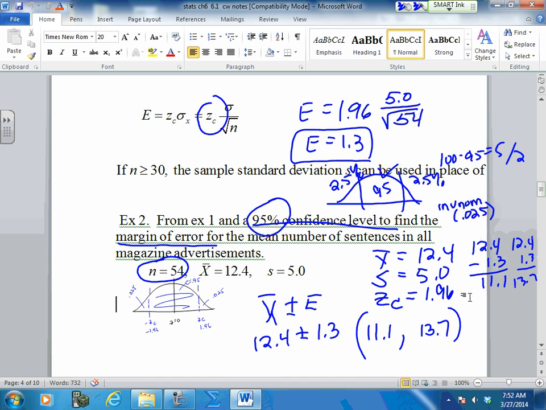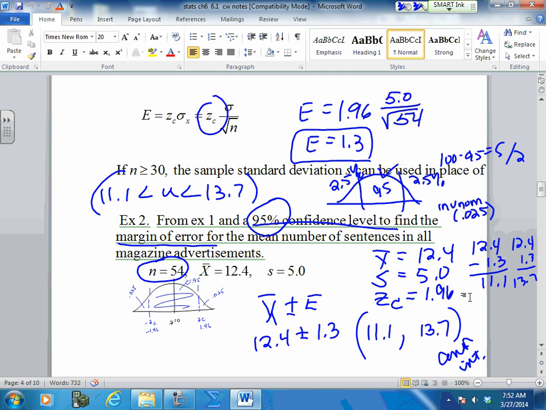There's the upper end. There's your interval. This is called your confidence interval. And another way to write this is with an inequality: 11.1 is less than the mean, which is less than 13.7.